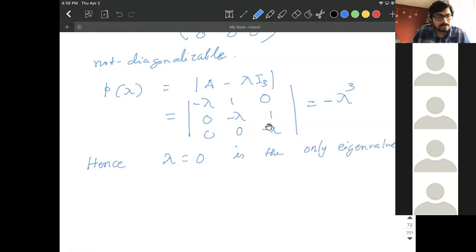And what is the algebraic multiplicity of it? Anybody? Algebraic multiplicity of what? 3. So what is the algebraic multiplicity?